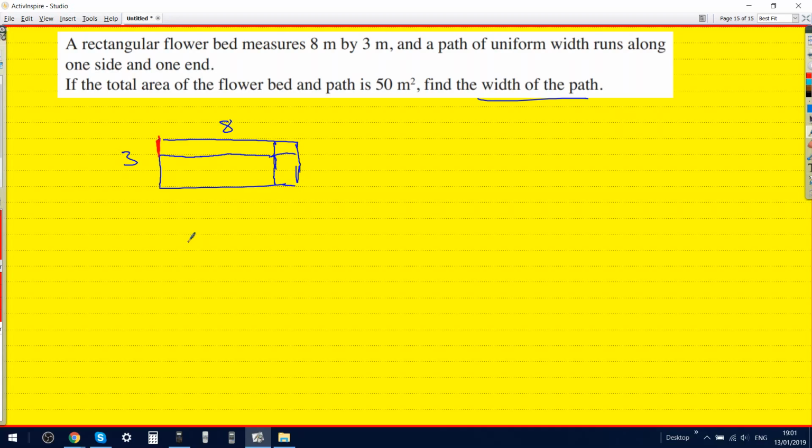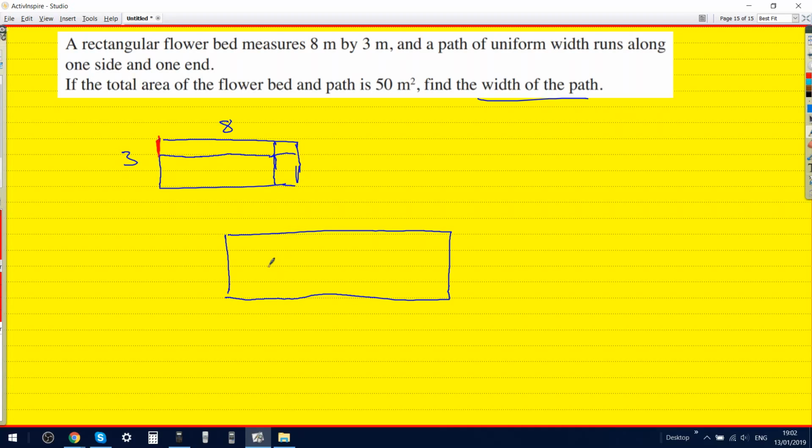But they're telling us that 3 times 8 is 24. A rectangular flower bed measures 8 meters by 3 meters, and a path of uniform width runs along one side and one end. So it must be the other way around, like this.